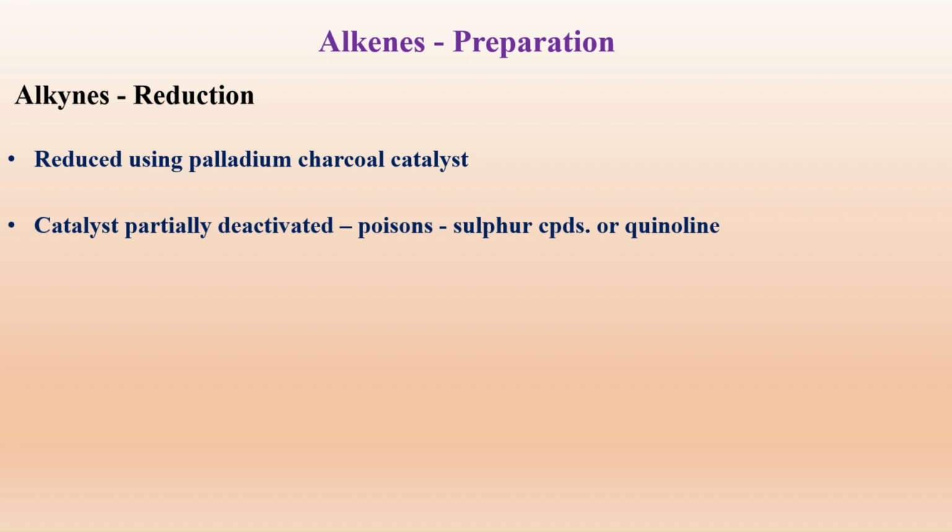It is to reduce the activity of the palladium. If I reduce the activity of palladium, it controls the reaction. Alkynes won't get converted to alkanes. It stops at alkenes.